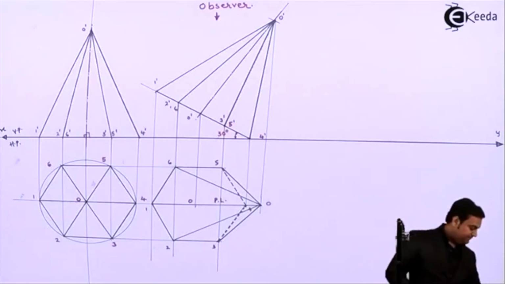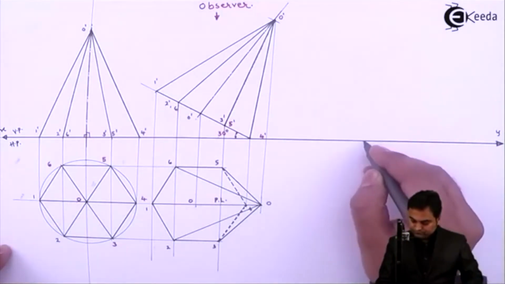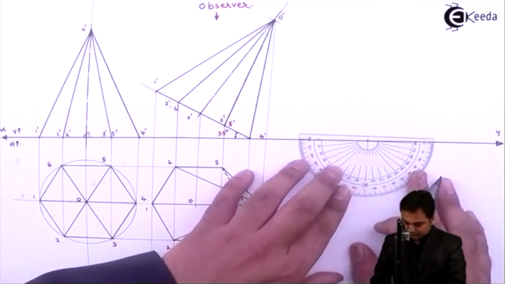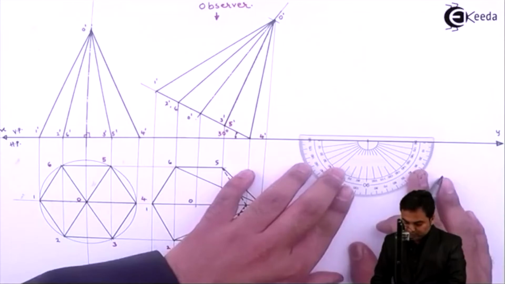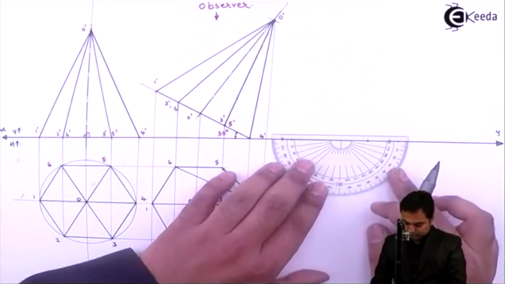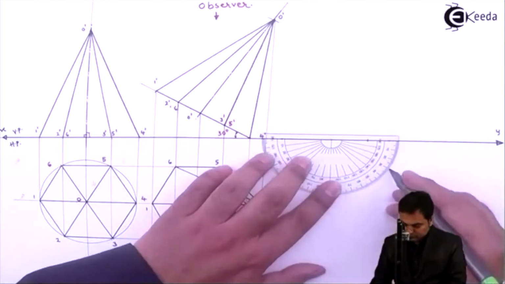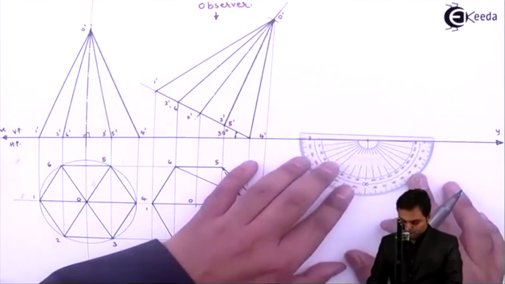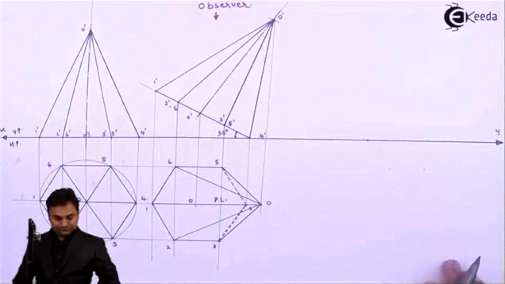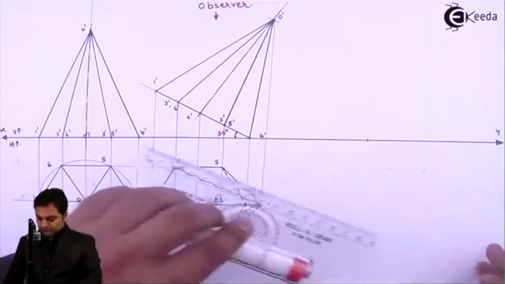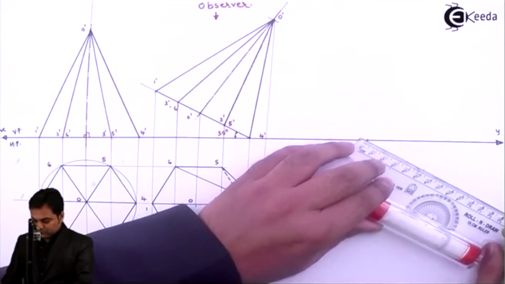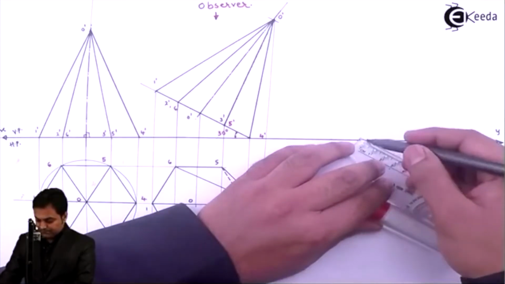I'll explain it here. Selecting a point, measuring an angle of 30 degree, drawing a light line.